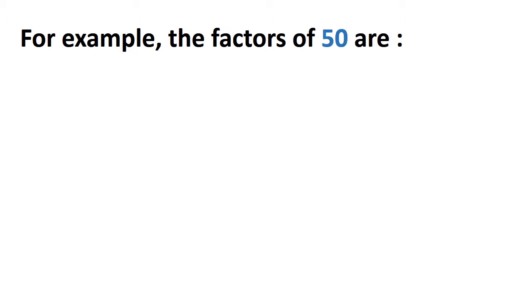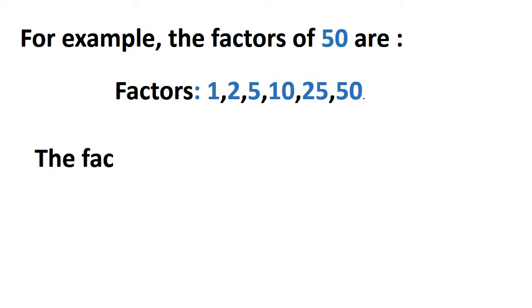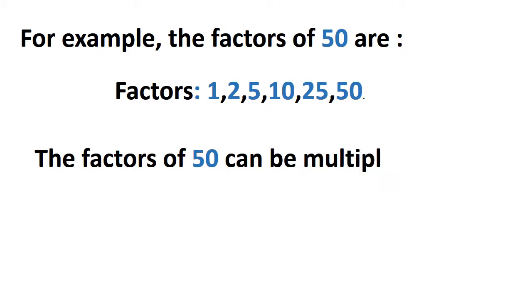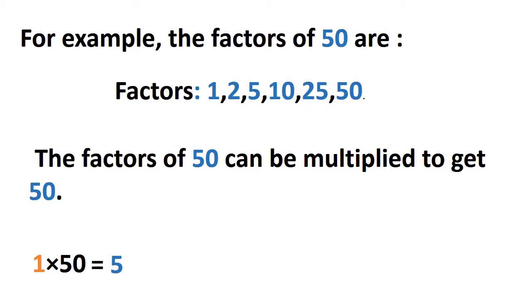For example, the factors of 50 are 1, 2, 5, 10, 25, 50. The factors of 50 can be multiplied to get 50. 1 times 50 equals 50. 2 times 25 equals 50. 5 times 10 equals 50.